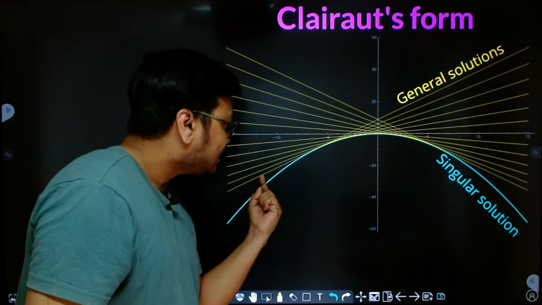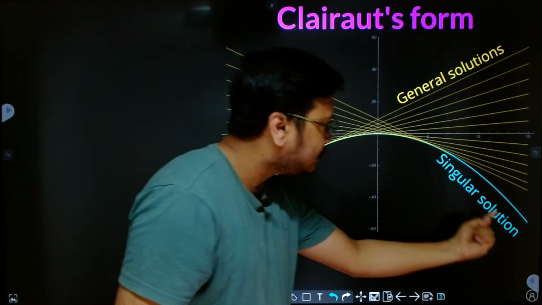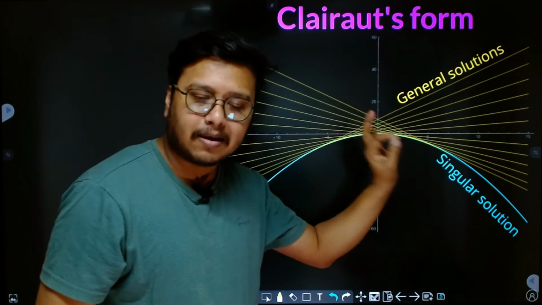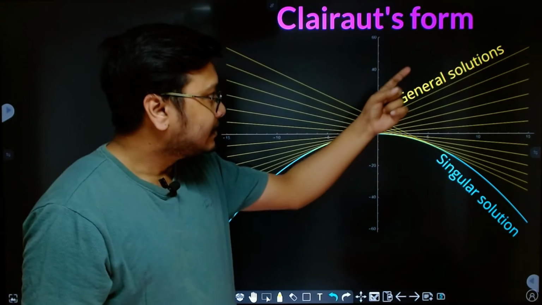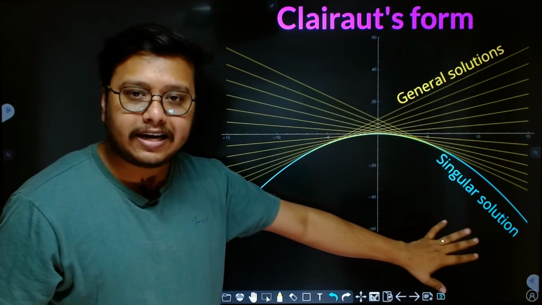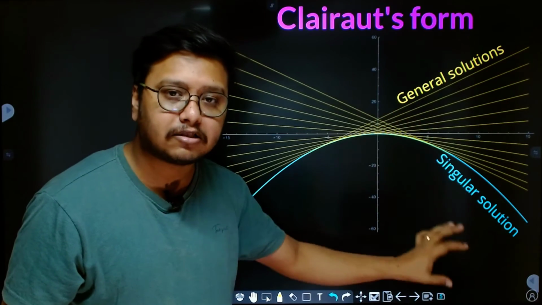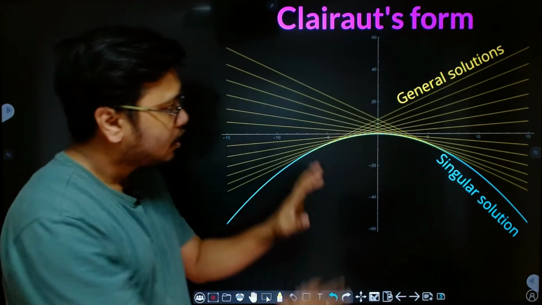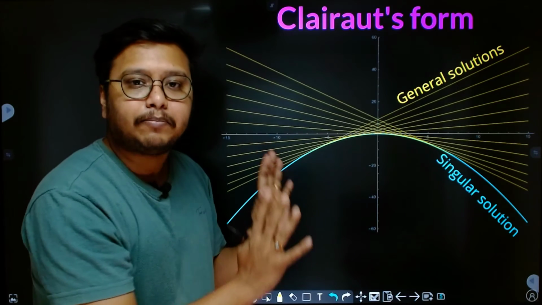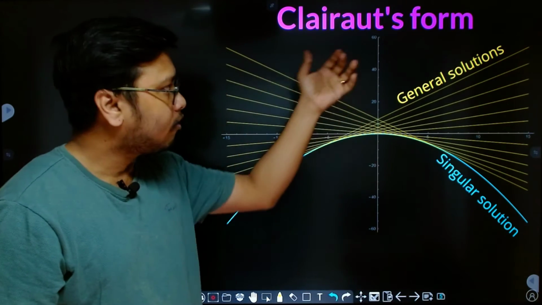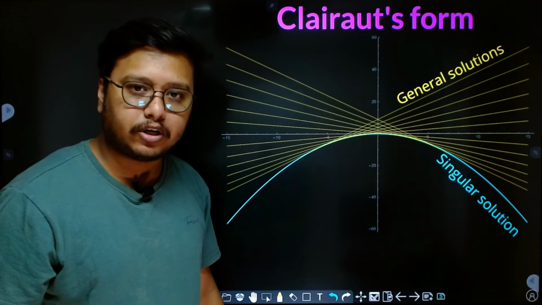That means it is tangential to each of the general solution. It touches all the general solution at some point, but the general solution can never create the singular solution, and the singular solution obviously satisfies the given differential equation. So this is the diagrammatical representation of general solution and singular solution of a given Clairaut's form differential equation.